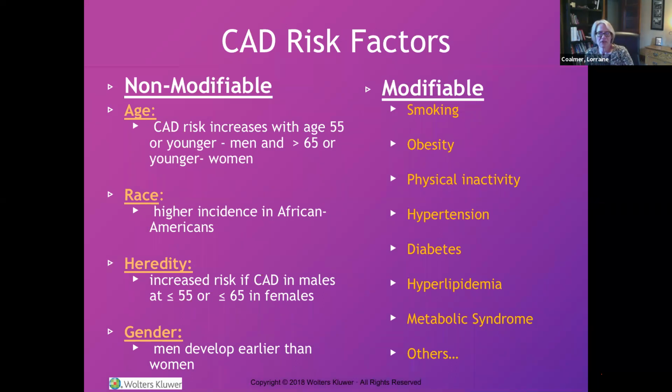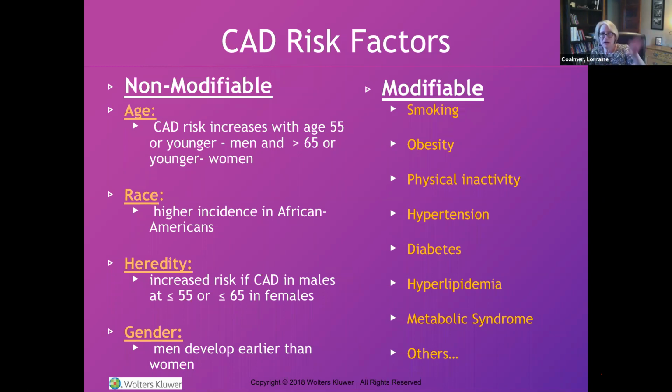Higher incidence in African Americans. A lot of times there's a lot of diabetes and hypertension with African American patients. So that could be the reason why they're an increased risk factor. Heredity, you can't pick that. So you definitely want to know what your family history is. Men develop earlier than women.